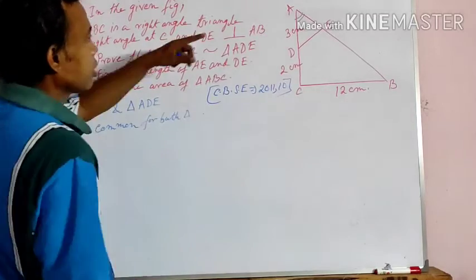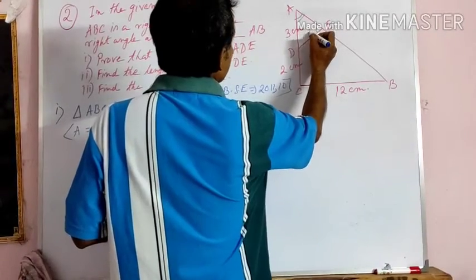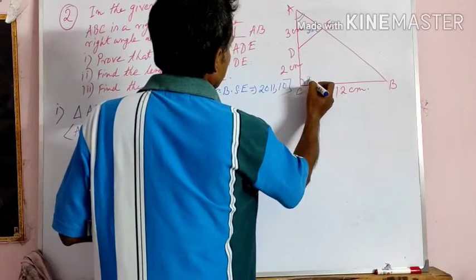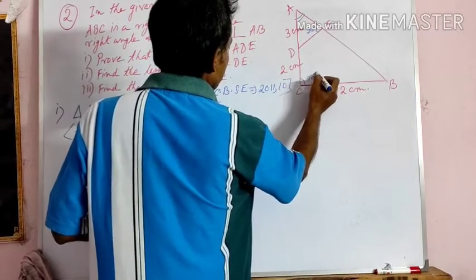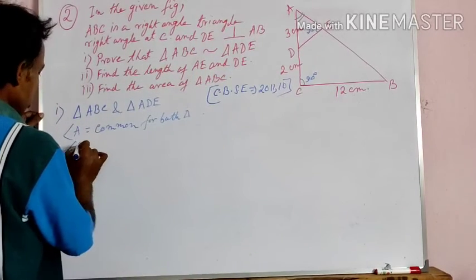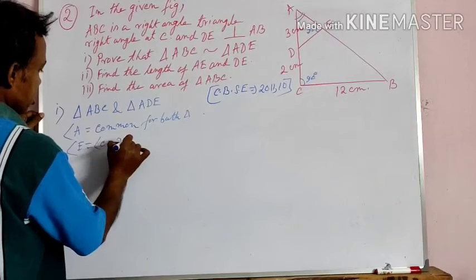Angle E is equal to 90 degrees because of the perpendicular, and angle C is equal to 90 degrees. So angle E is equal to angle C is equal to 90 degrees.